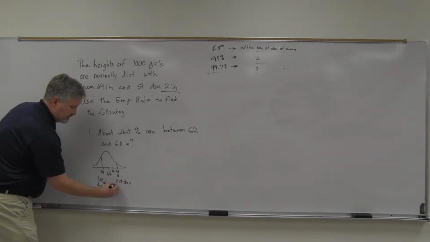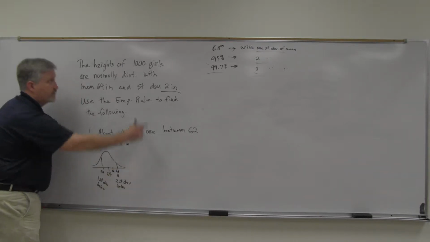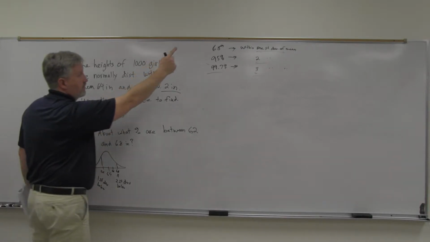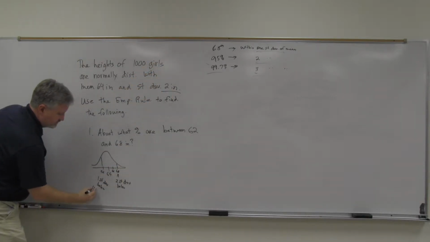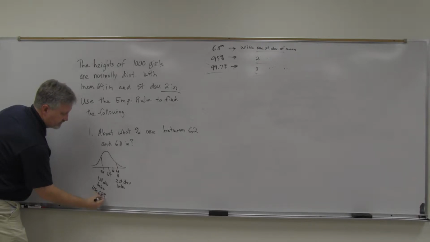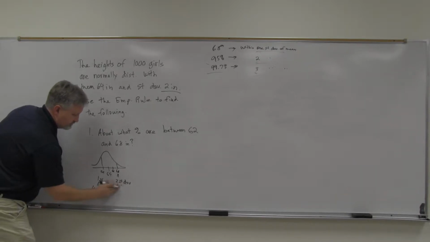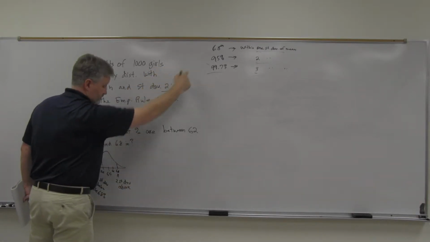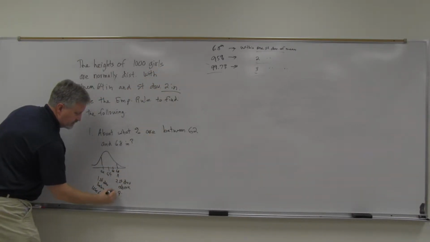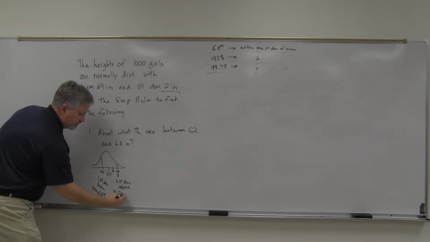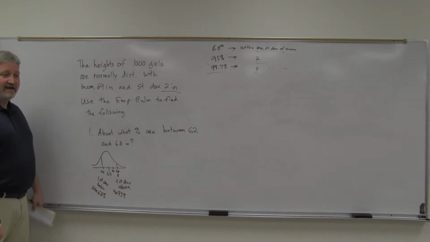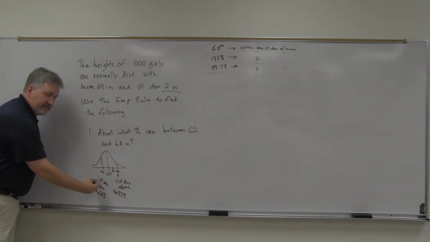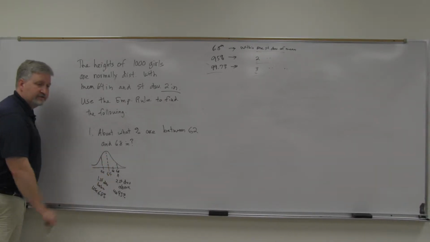So that tells me, if I remember my percentages here, which percentages to use. One standard deviation below, I'm going to use the 68%. And 2 standard deviations above triggers me to think 95%. However, I don't use those exact percentages because I'm not talking both sides 1 standard deviation or both sides 2 standard deviations.